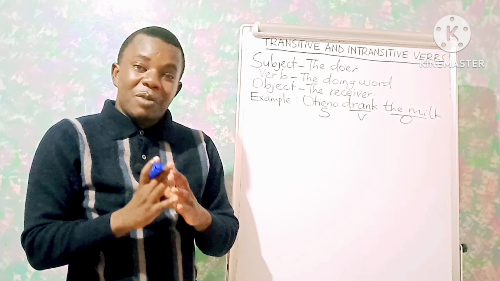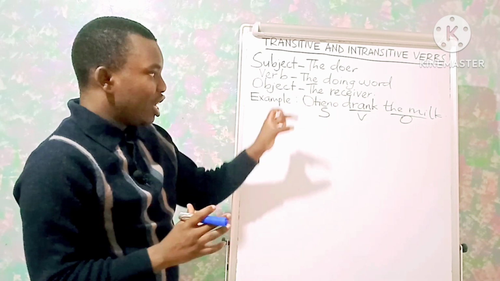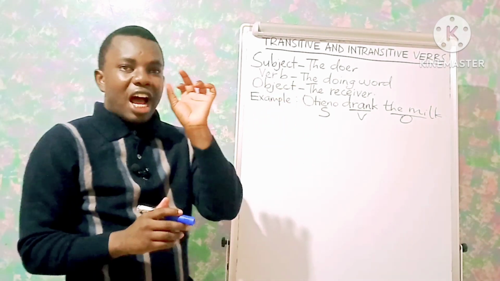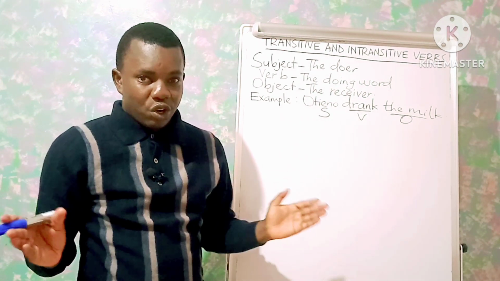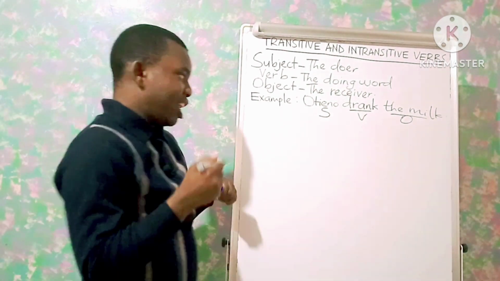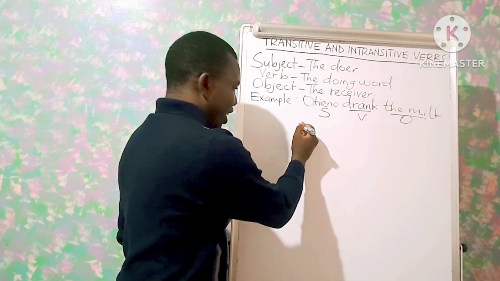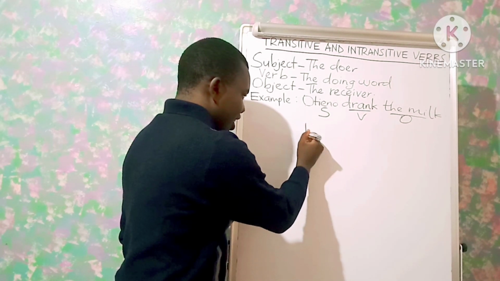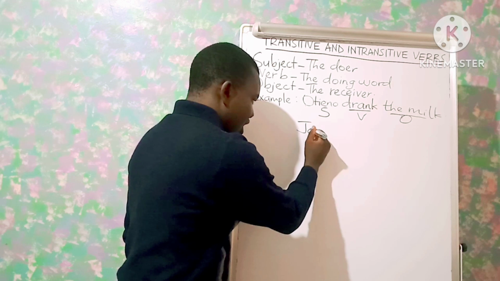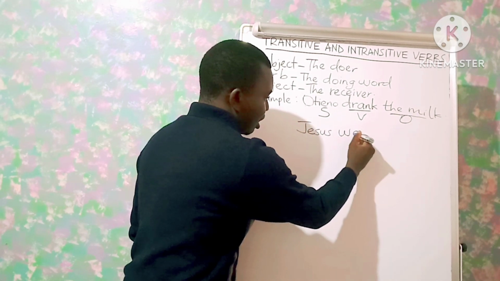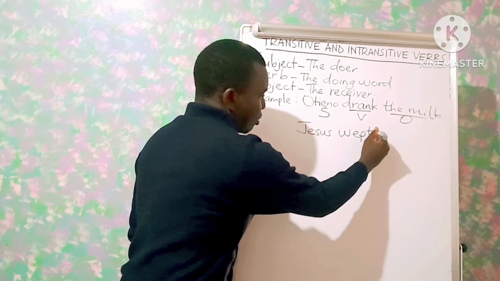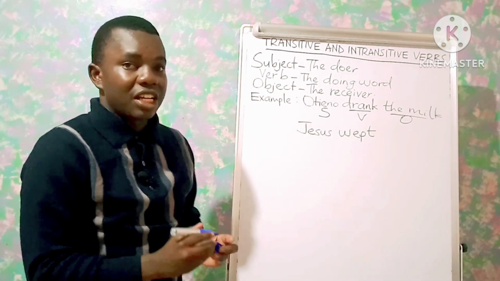Again, there are some instances in which, in a sentence, we can have the subject and the verb with no object. An example, we can have Jesus wept. Just that, Jesus wept.